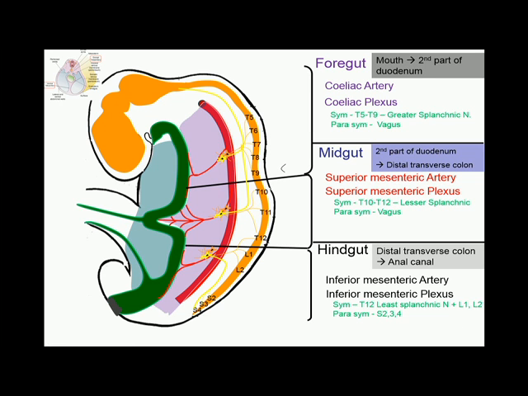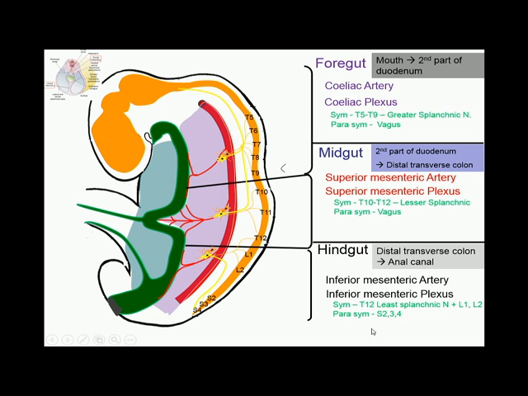So greater splanchnic, lesser splanchnic, and least splanchnic are coming from the thoracic region, we call them thoracic splanchnic nerves. And you already know the sacral region, S2, S3, S4, has some parasympathetic splanchnic nerves, we call them sacral splanchnic nerves. Okay? So the inferior mesenteric plexus gets contributions from T12 via least splanchnic and also via L1 and L2.